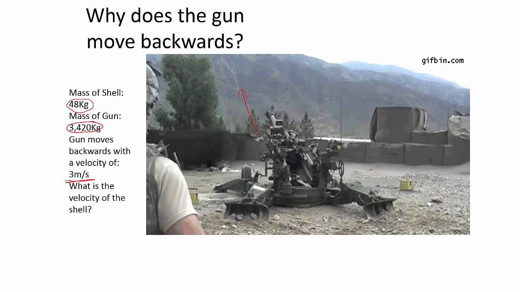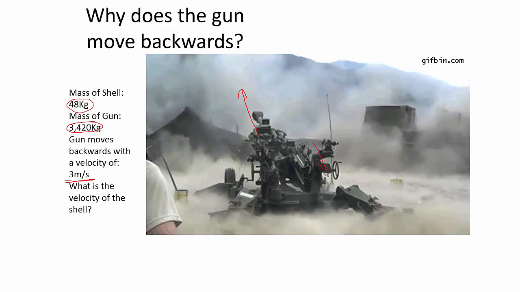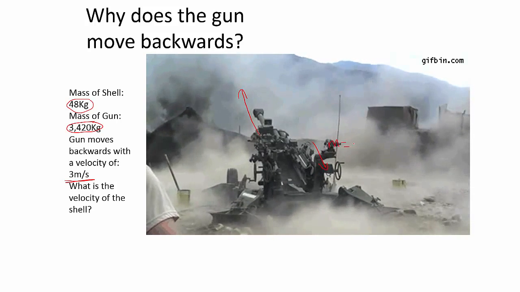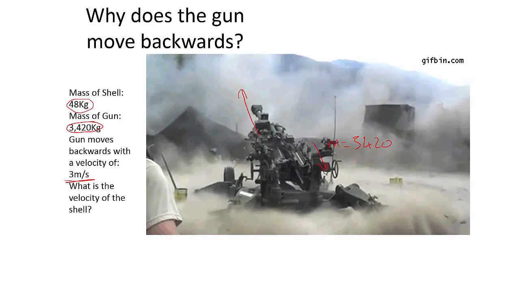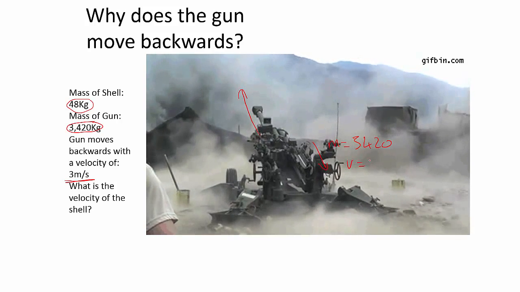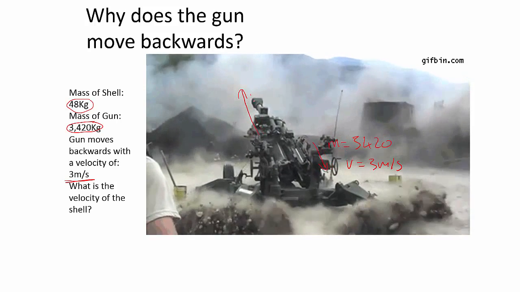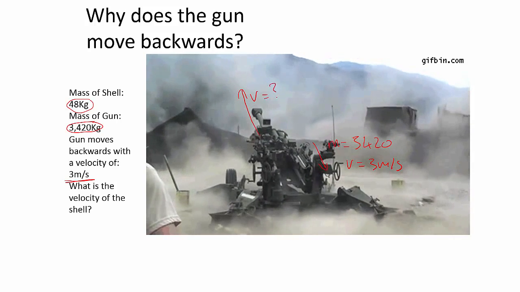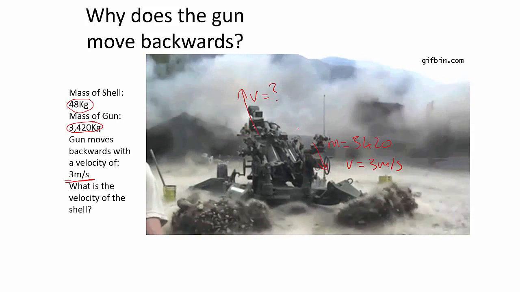We've already got an object increasing in its momentum in this direction, and we know its mass and we know its velocity. What velocity must this shell move in this direction to cancel that momentum out? Pause the video and have a go.